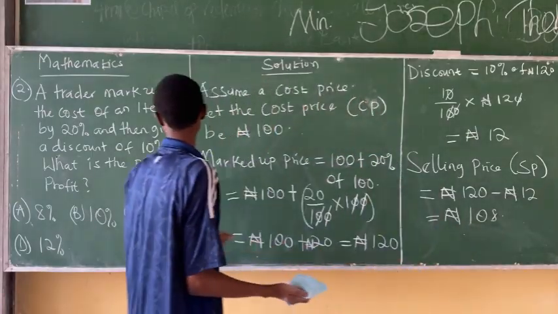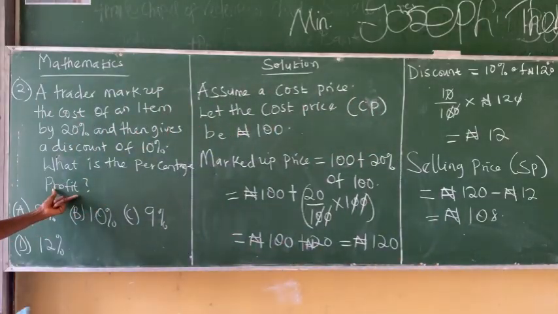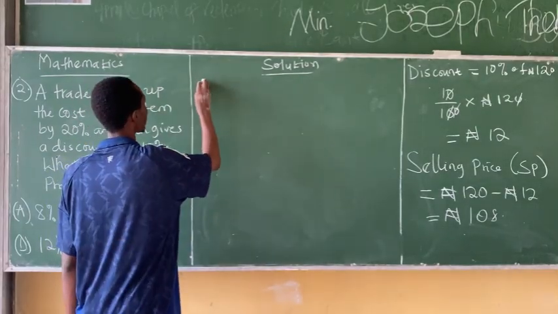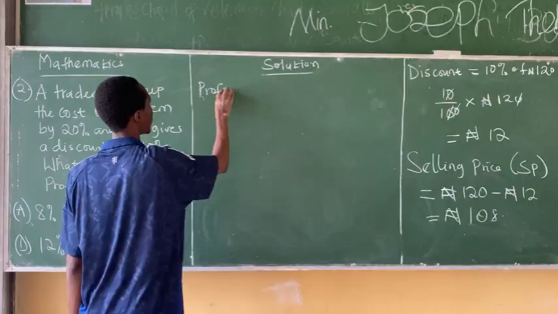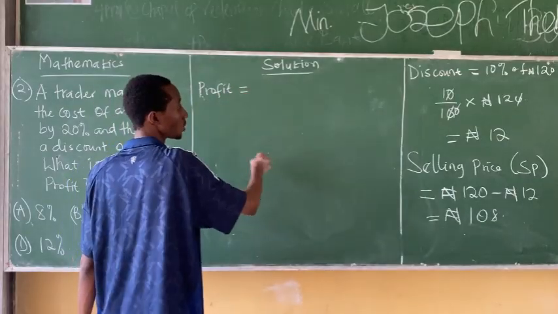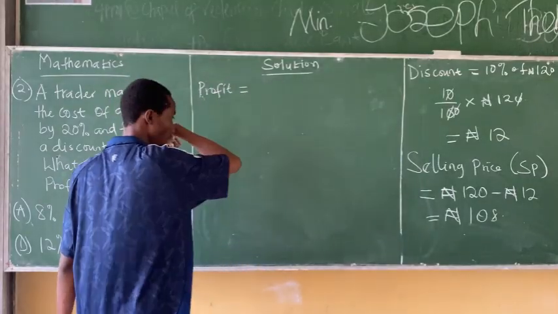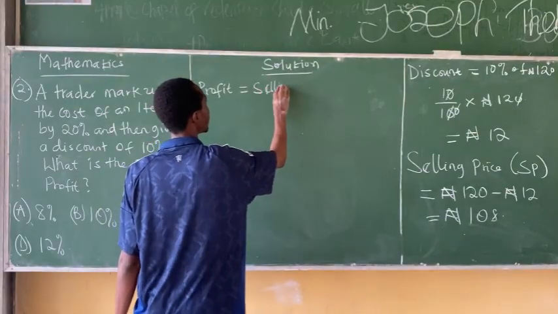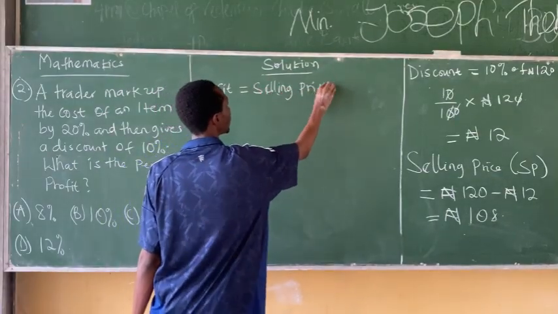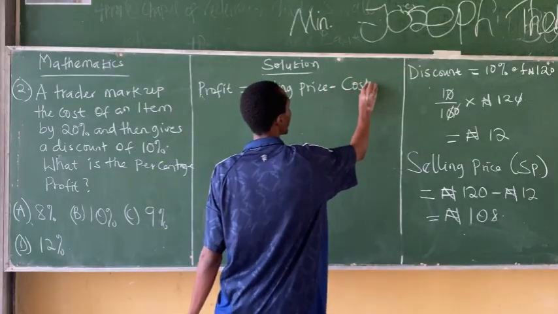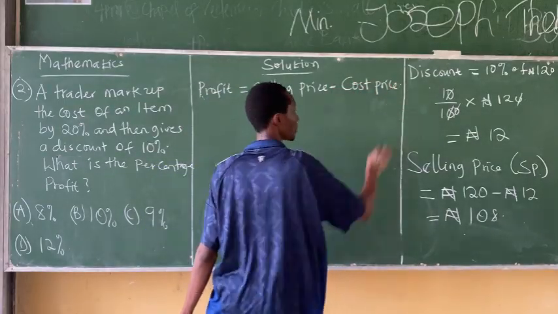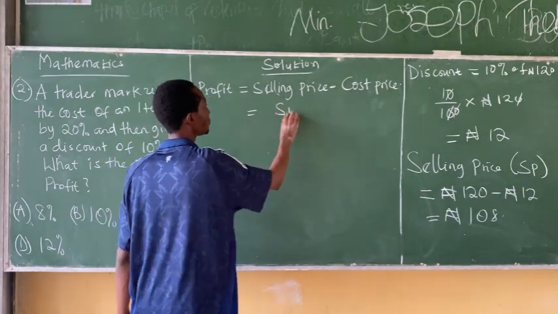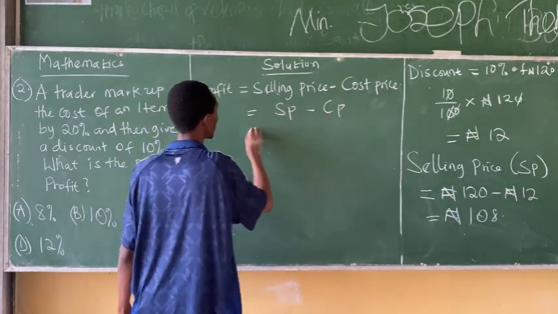The next thing is to find the profit, for the percentage profit. Profit is equal to the selling price minus the cost price. From the question, we have SP minus CP.